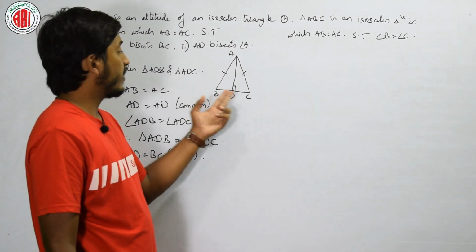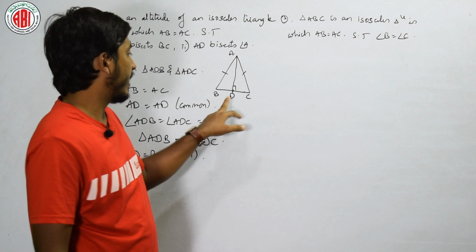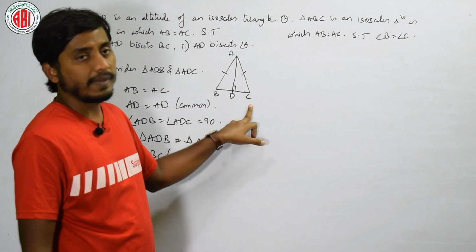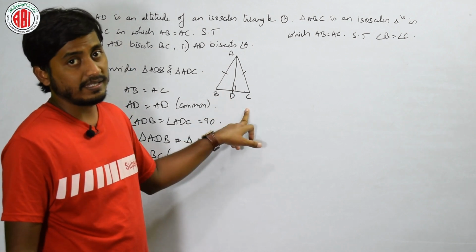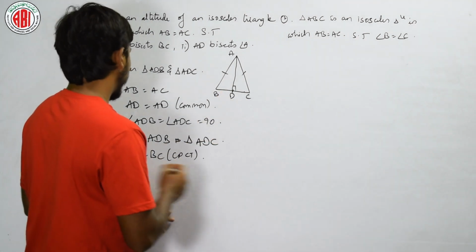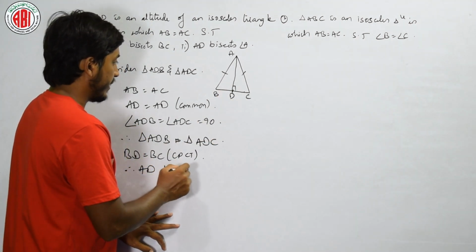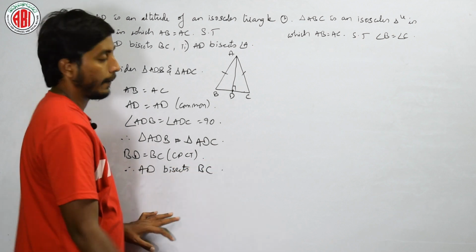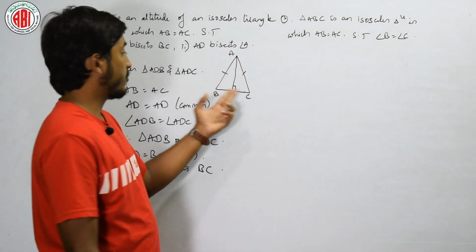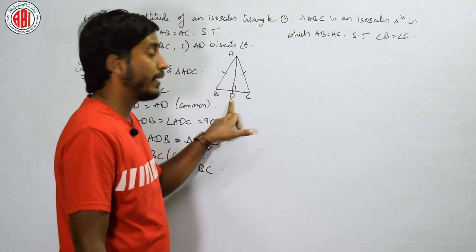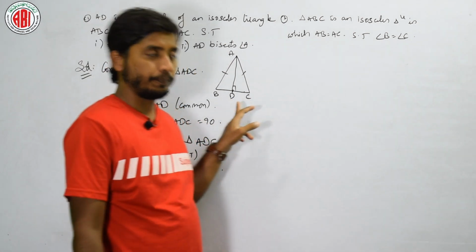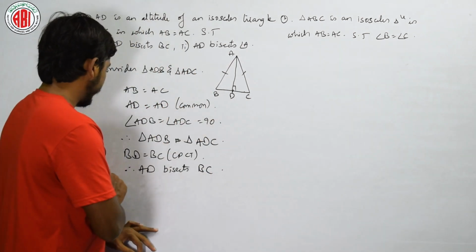If these both are equal, can I tell that D is bisecting BC? Obviously, right? Therefore AD bisects BC. Yes or no? These both are equal, therefore this will be the midpoint. Next, the second one.